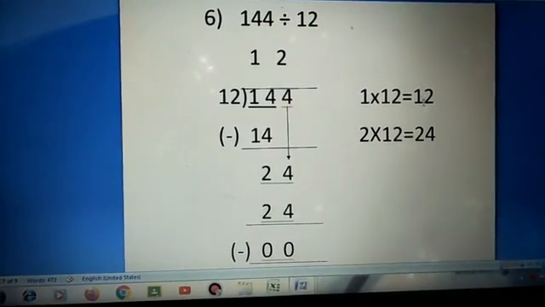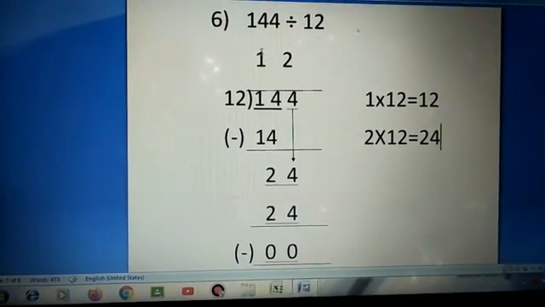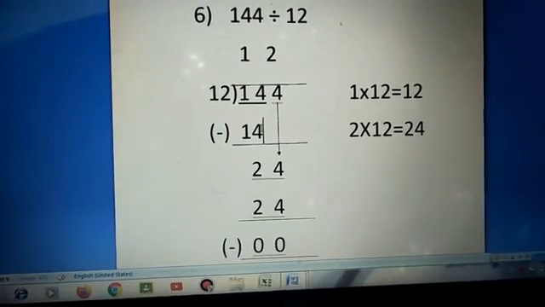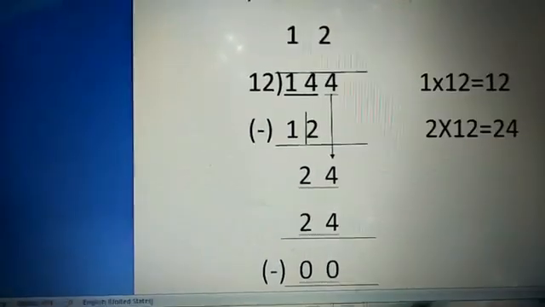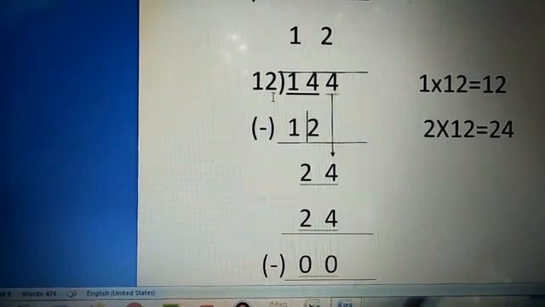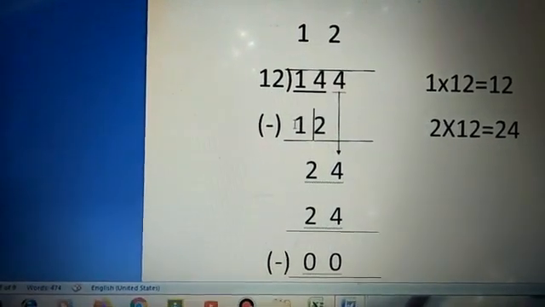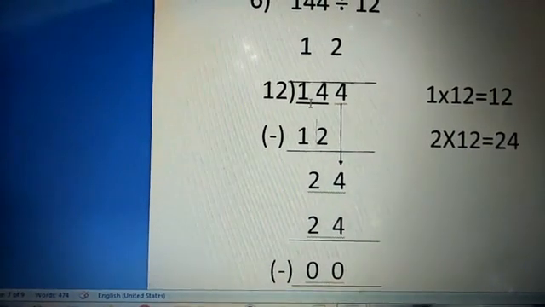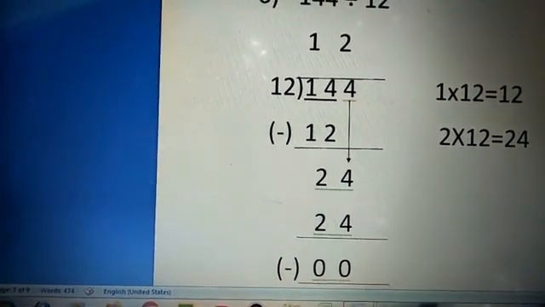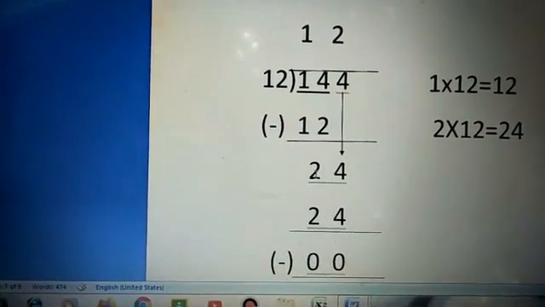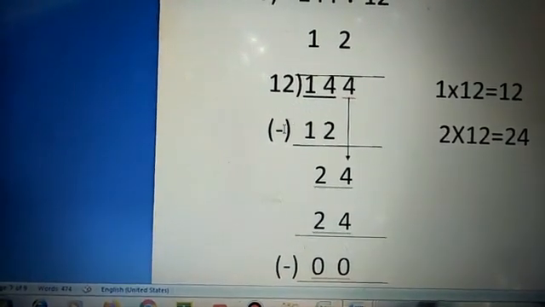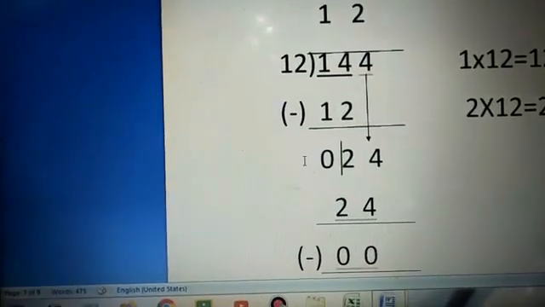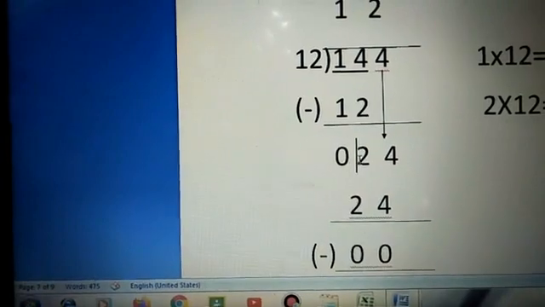How much? 12. 1 12 is 12. Now I subtract 12 from 14. So 4 minus 2, 2. Then 1 minus 1, 0. So we get the remaining 2.